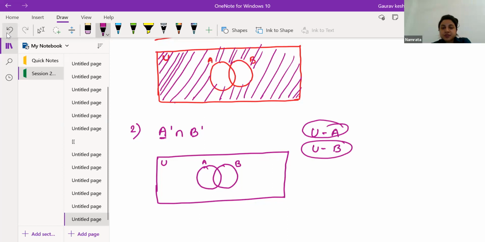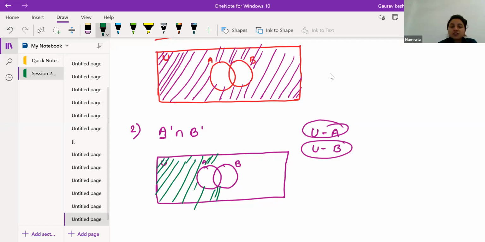Yes. So universal set minus A will be, let me show it. This will be universal set again. Minus A means we are not going to shade A, right? This much only we will shade.